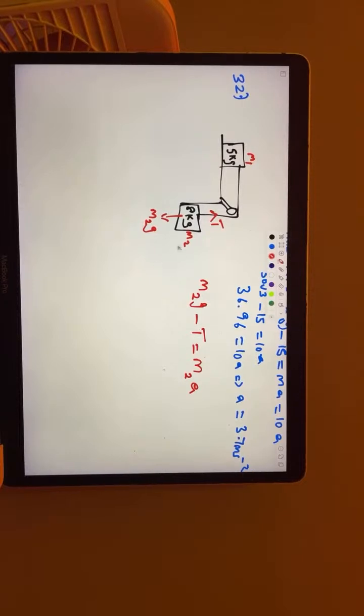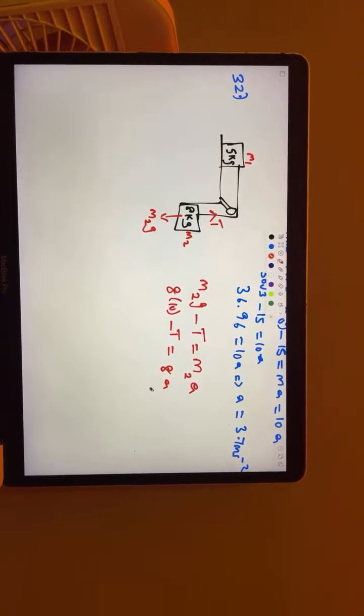Now M2 is 8 multiplied by 10 minus tension equals 8 times A. I think we were given the acceleration in the question already. Yes, the acceleration of the 8 kg downward is 4.5 meters per second squared.